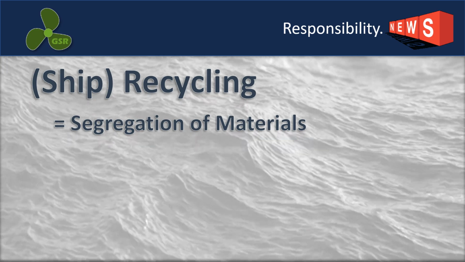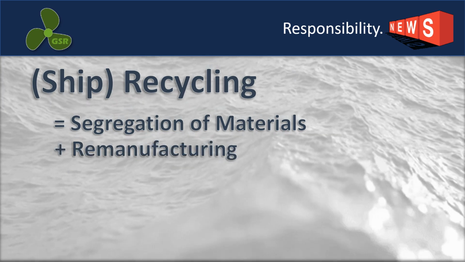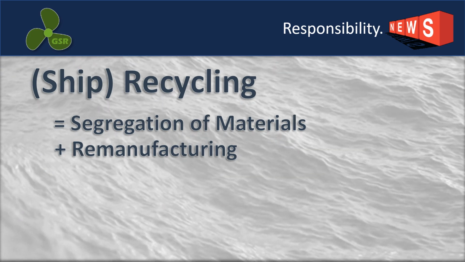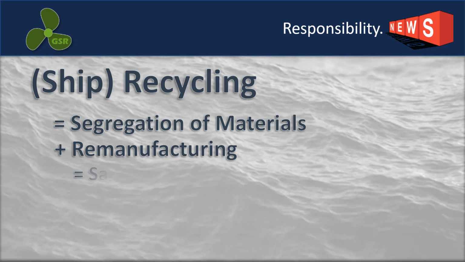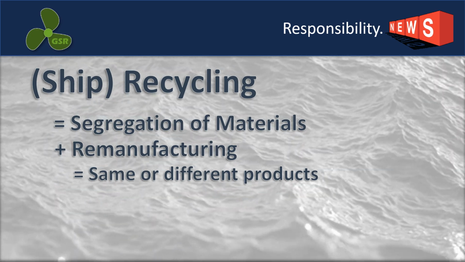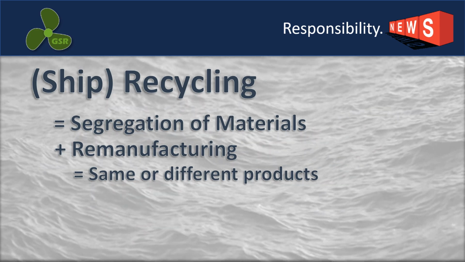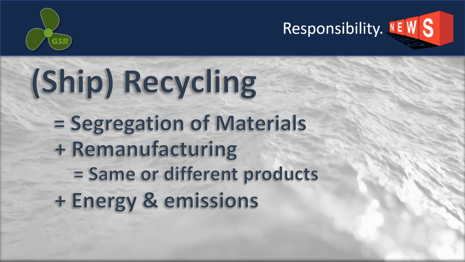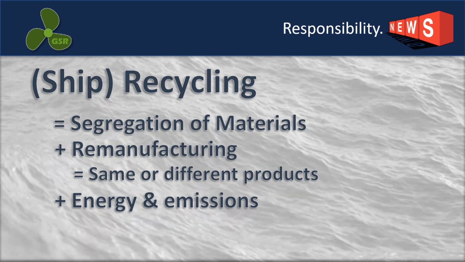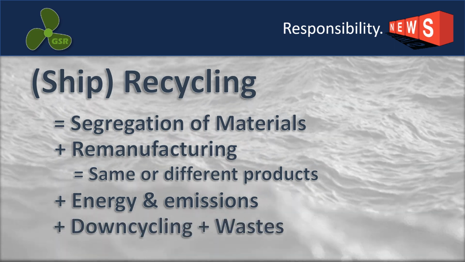Primarily, it's segregation of materials, and this is done for the remanufacturing or trading of second-hand equipment, machinery, and also materials. So, when we talk about recycling, the output will be an identical or a different product. But quite often we also see some downcycling. Whatever is done, it consumes energy, and with that it also causes some emissions.